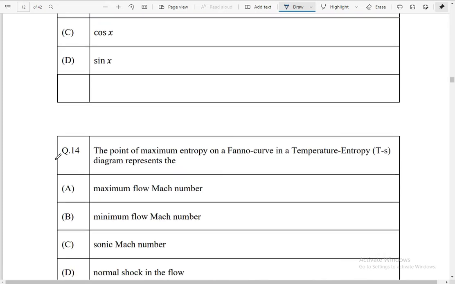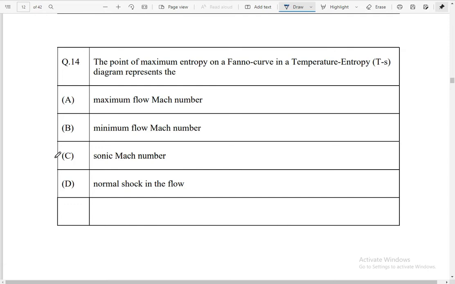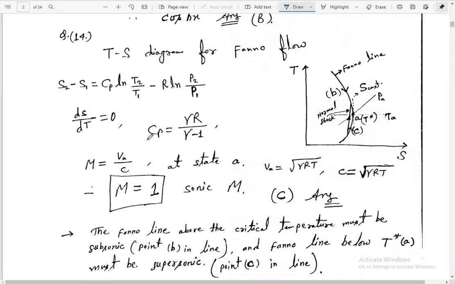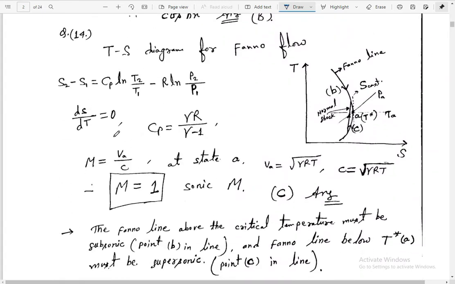Question number 14. The point of maximum entropy on a Fanno line in a temperature-entropy Ts diagram represents the. So for question number 14, this is the Ts diagram of the Fanno flow, and this is the Fanno line. Here you can see I mentioned this point A, this is the ambient temperature Ta.